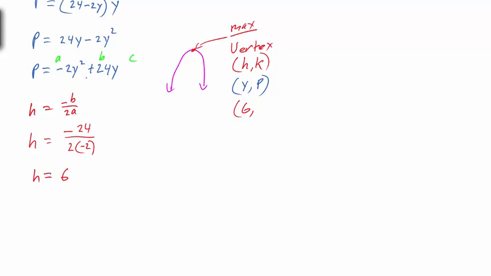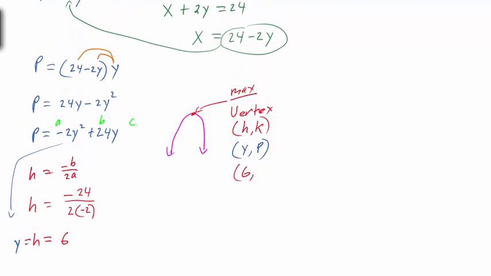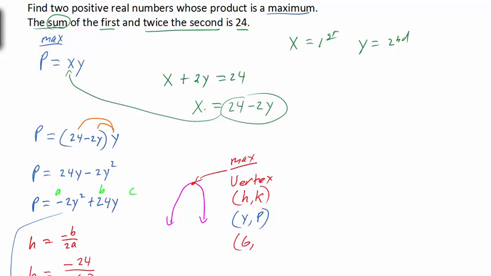Now, keep in mind, up here, our variable for this is really our y variable. Don't confuse this. This is a y variable, which is our h. Now, in relationship to this vertex, that is still our x coordinate, but we just happen to use the variable y for this particular problem. So up here where this says p equals a negative 2y squared plus 24y, the reason we have the variable listed here as y is because up here we solved this equation for x equals 24 minus 2y.